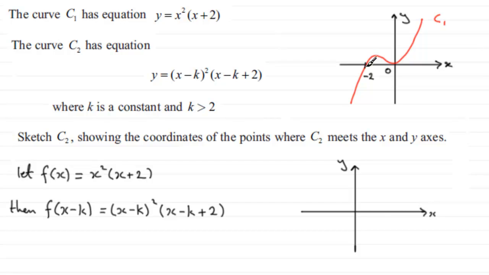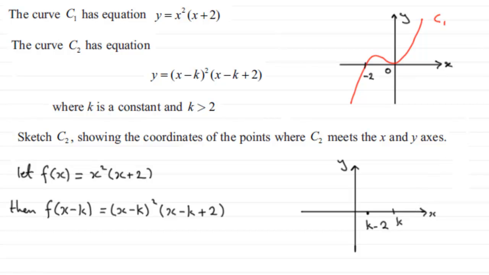So this point here, which is at -2, if we shift it across k units, where k is more than 2, then it's going to cross the x-axis at a point here, say. And that point will be k units added on to the -2, so it'd be k minus 2. And as for the origin, that will move across k units, so this point here would be k.